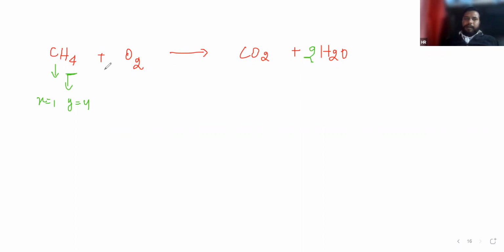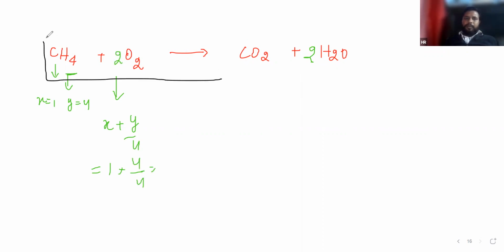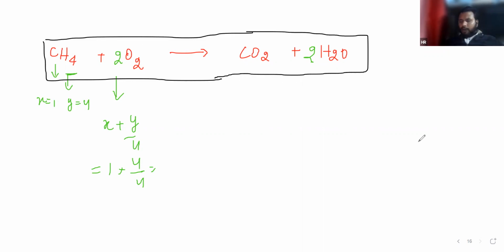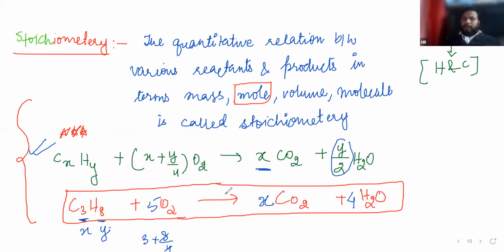And now here it is x plus y by 4. What is x? 1, and y is 4, so 4 by 4, and it will be 2. Now see, it is balanced. Okay, Krishna, any type of hydrocarbon you can take. I just took an example of C3H8.